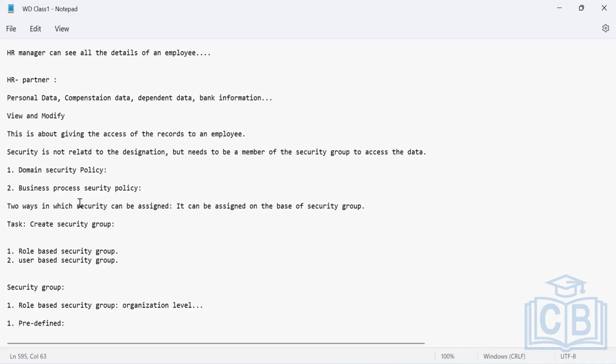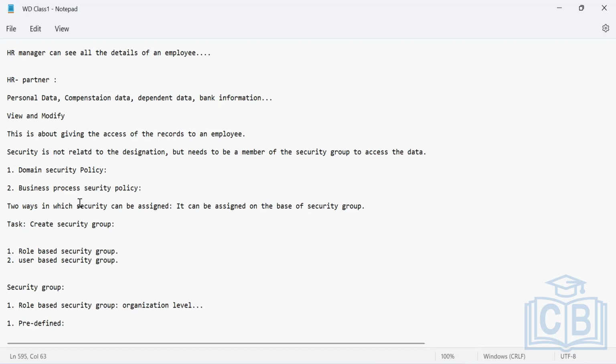Generally, everyone in an organization will be given role-based security, because you will have a specific role and responsibility, authorized to work on a particular section. For example, I am a software engineer. I don't have any relationship with Workday. I will only be given end user permissions.